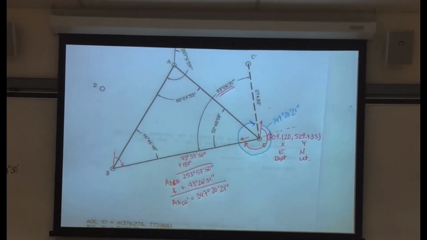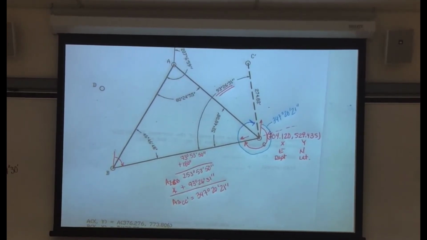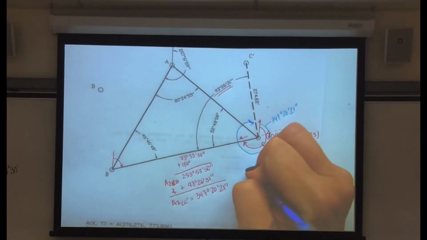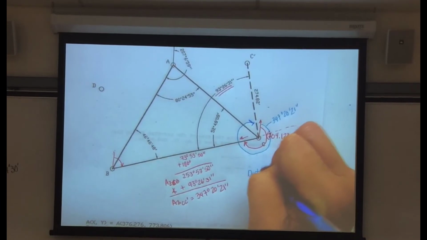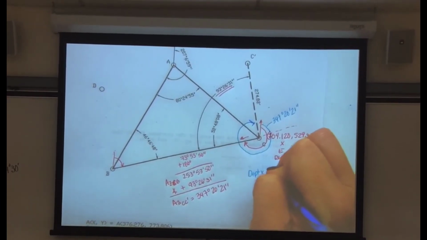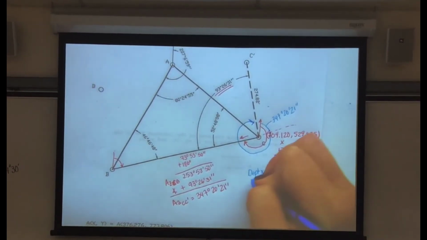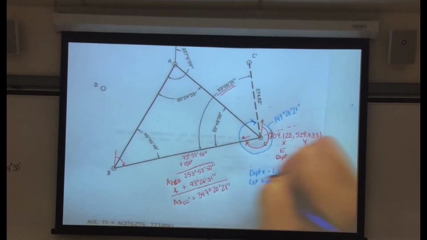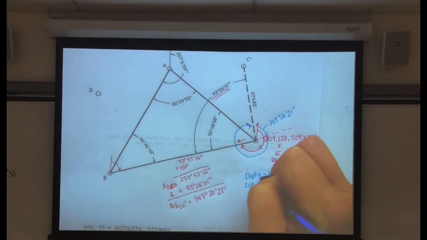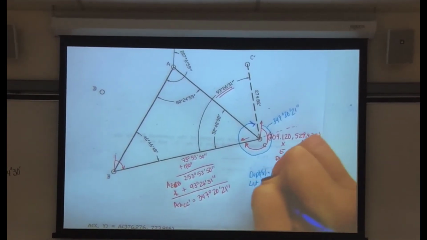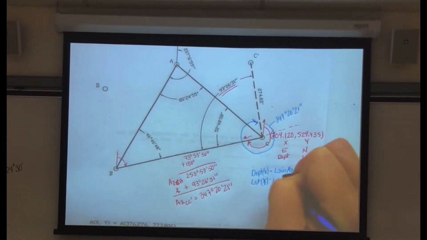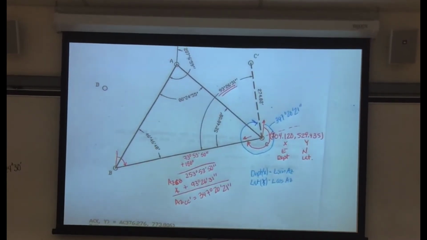Now, remember what the formula is. Our departure, which is our x distance, is going to be L sine of the azimuth. And our latitude, which is our y, is going to be L cosine of our azimuth.